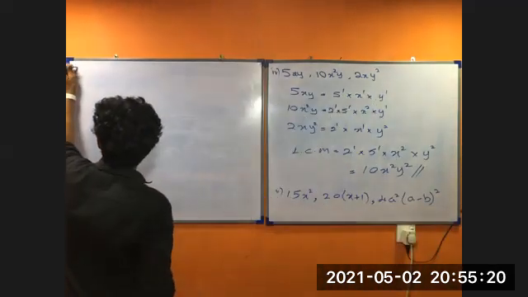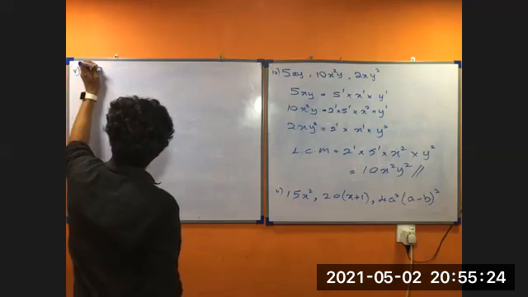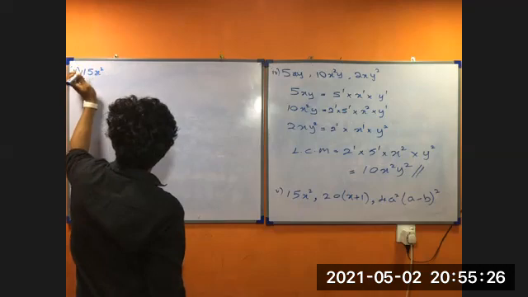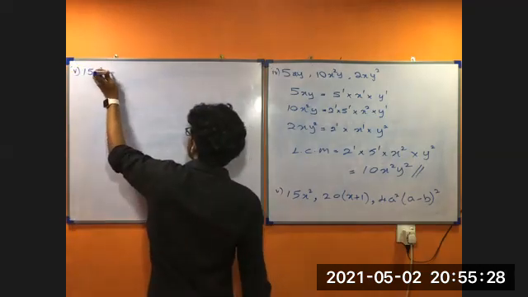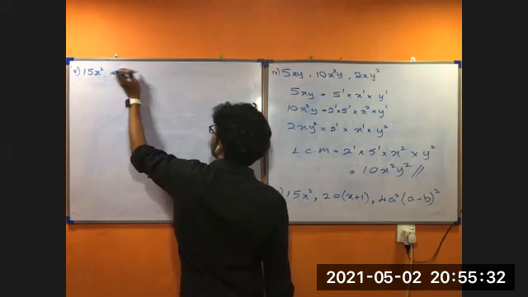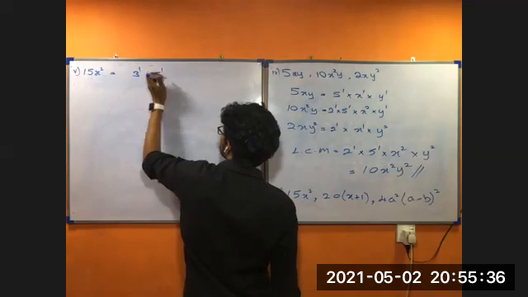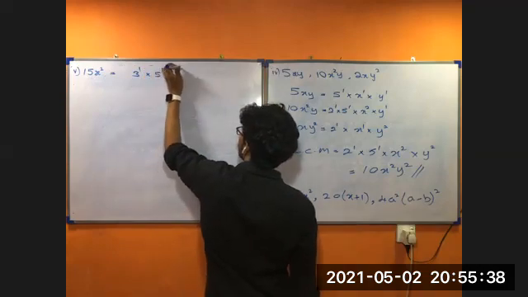Okay, so fifth one, we have 15x squared. So 15x squared means what? So we have 3 to the power 1 multiplied by 5 to the power 1 multiplied by x squared.